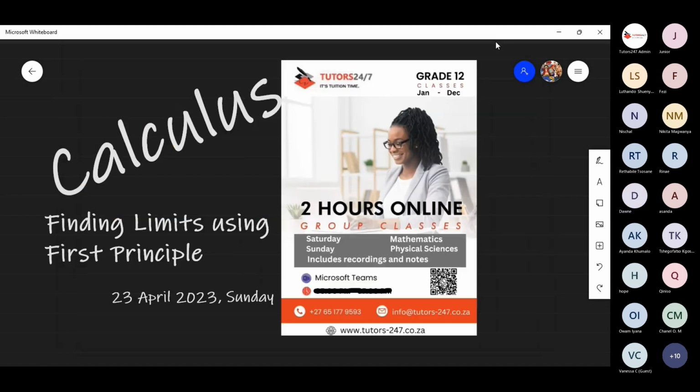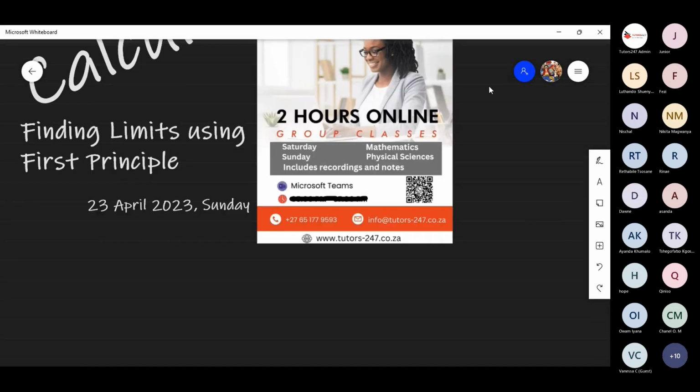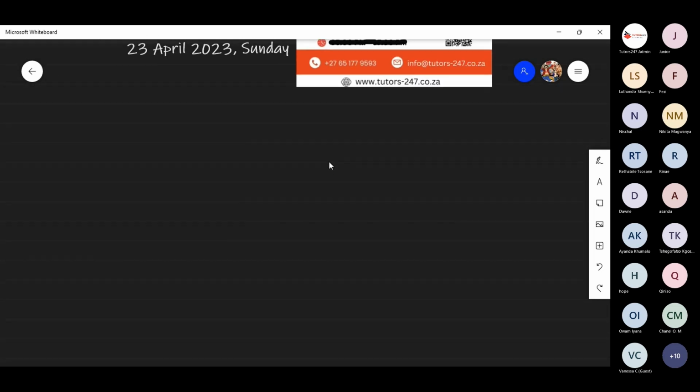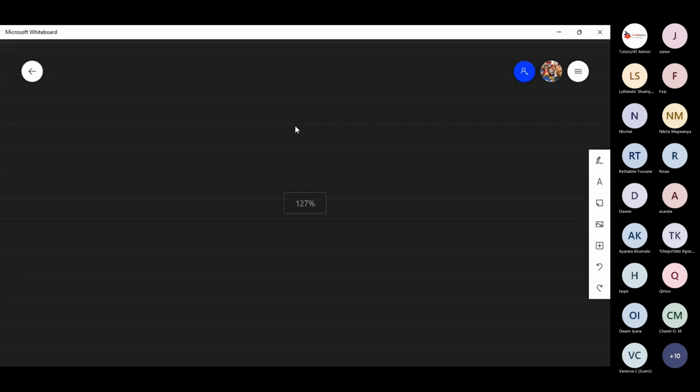So something important to take note of before we actually start with our first principle is the formula that we are going to use when calculating first principle.